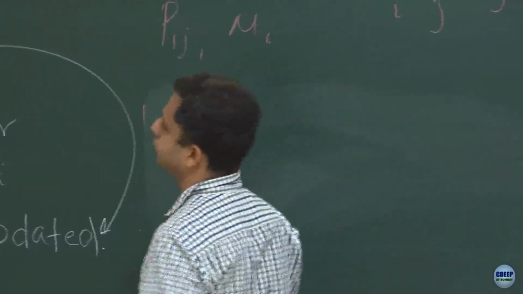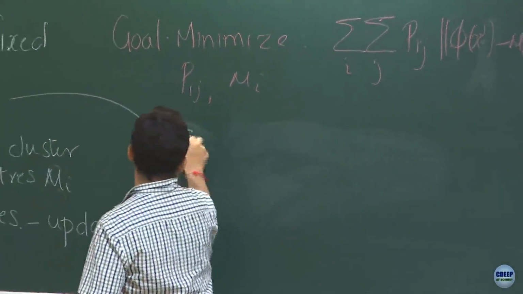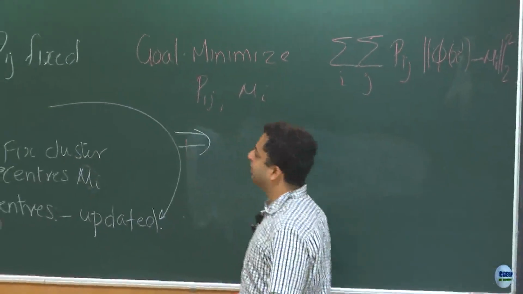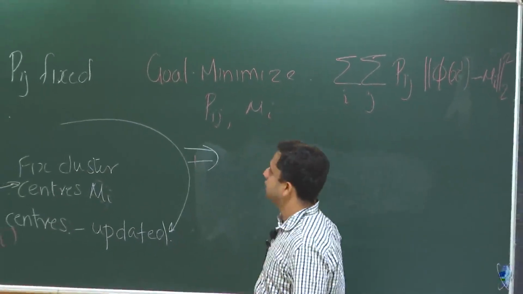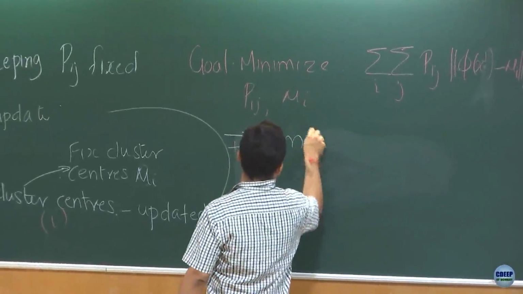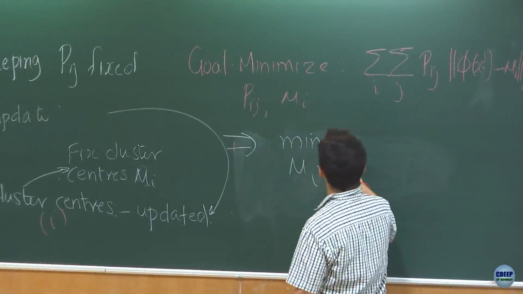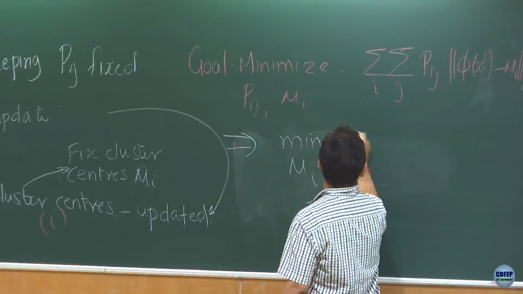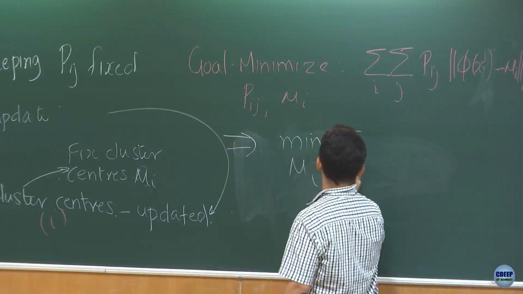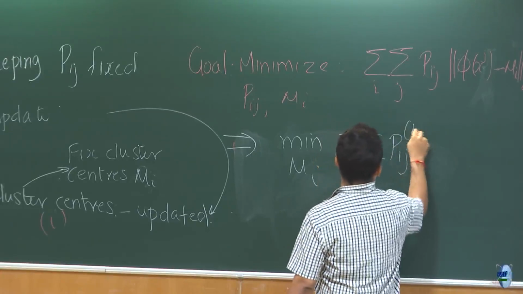is as follows. So step number 1 basically says I am going to use my Pij from the previous iteration. So find my mu i that minimizes the sum over i, the sum over j of Pij from the previous iteration.